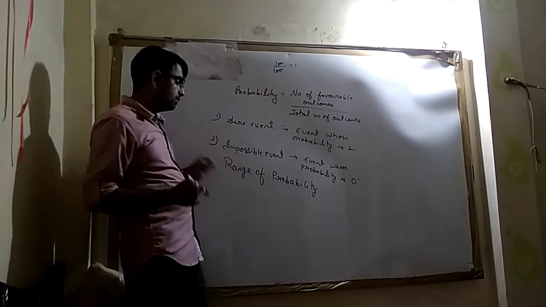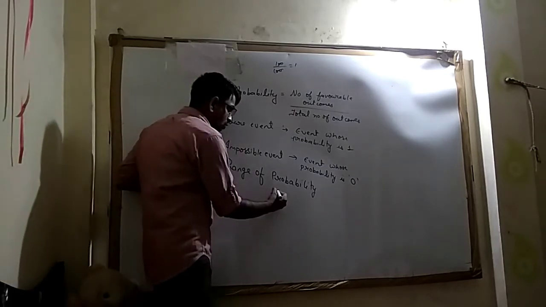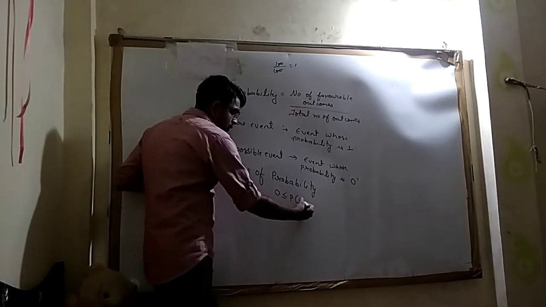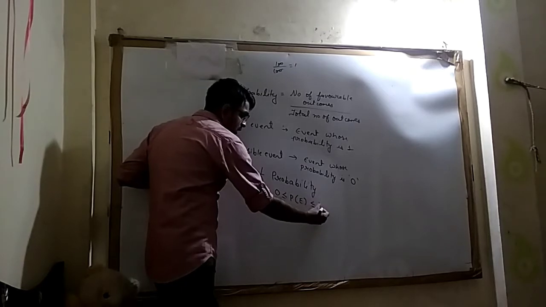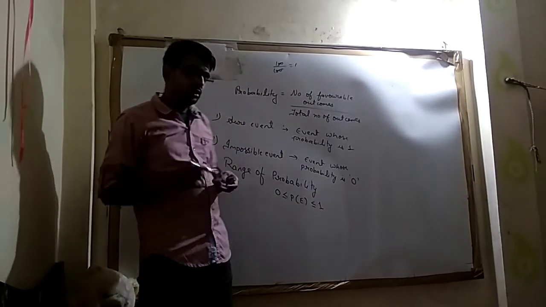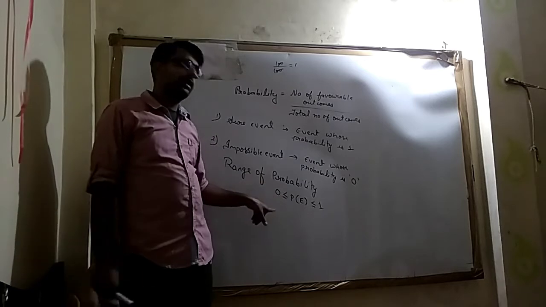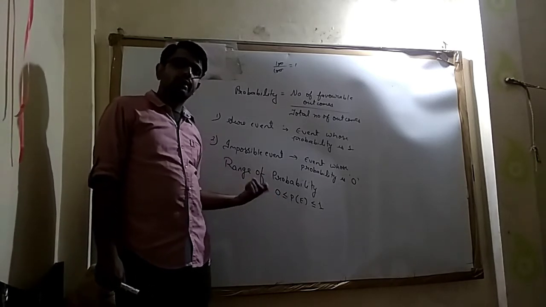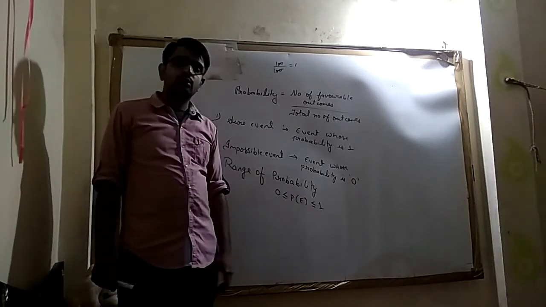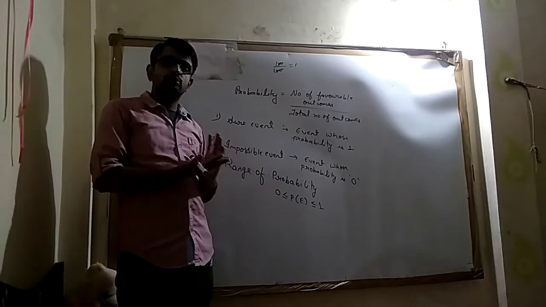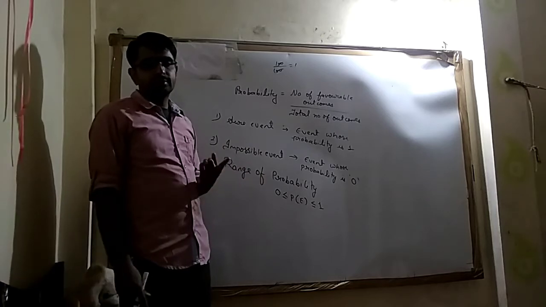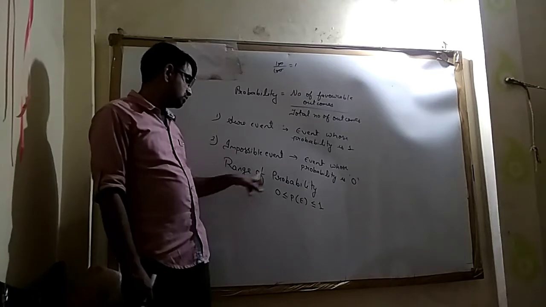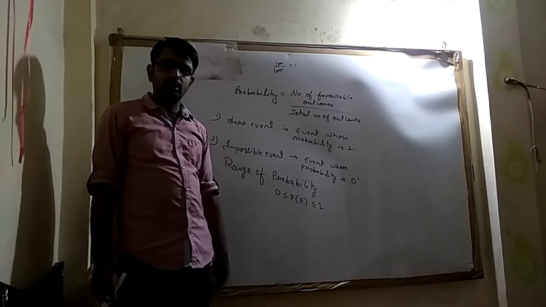The probability always lies between 0 and 1. The probability of any event, E for event, lies between 0 and 1. So whatever questions we will solve, we will find that the probability will lie between 0 and 1. So this is what the range of probability is.